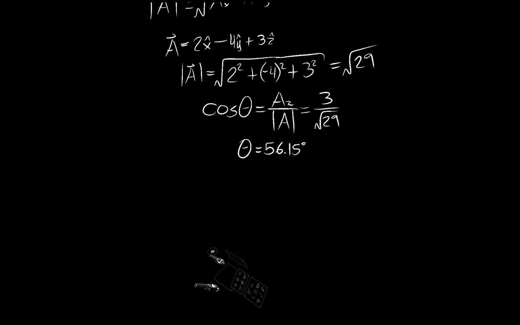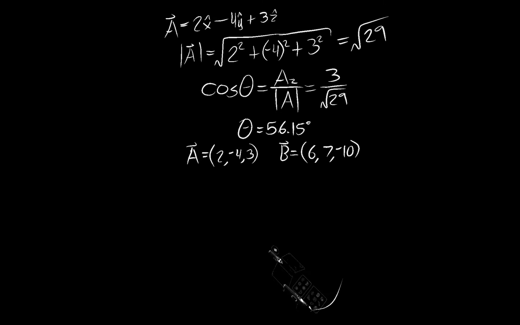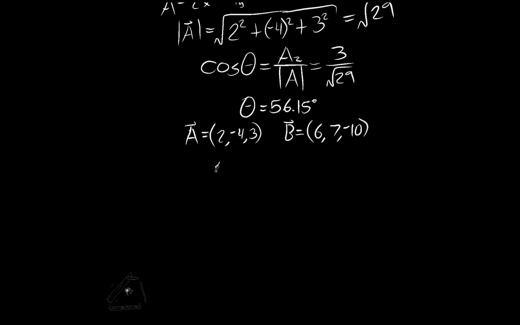We can also add vectors with their components. So if we had a vector A equal to, you can write it in this form as well, 2, minus 4, 3, and we had a vector B equal to 6, 7, negative 10, then A plus B would be adding like components.